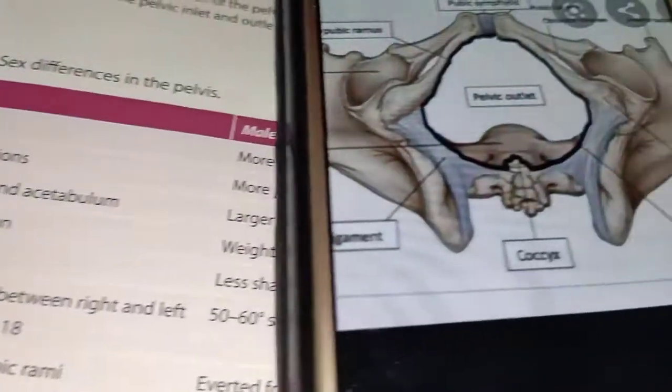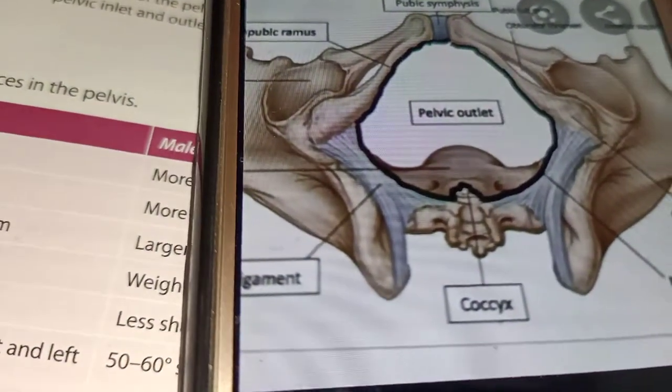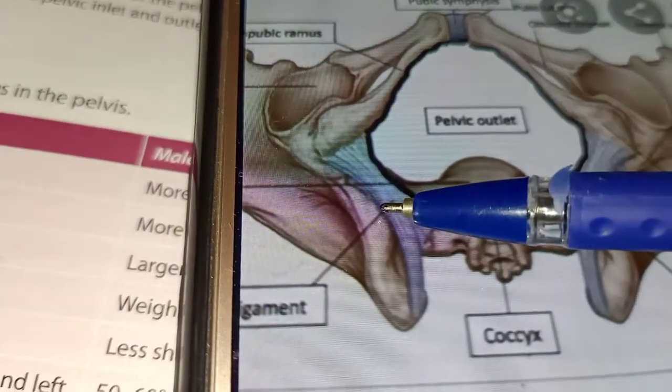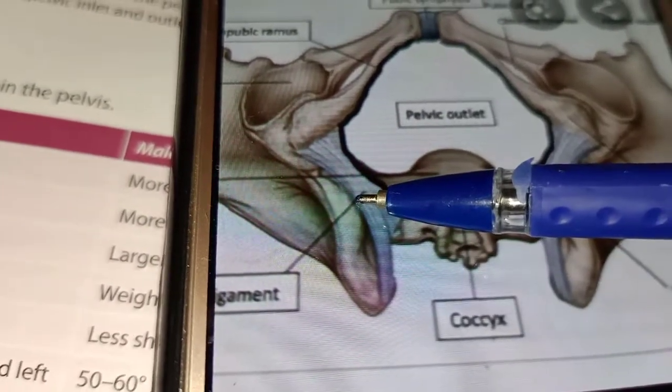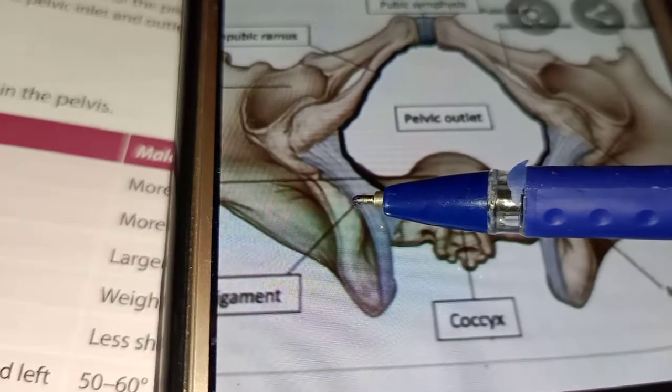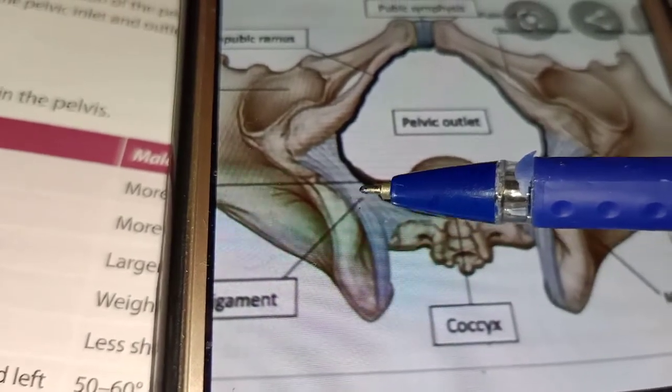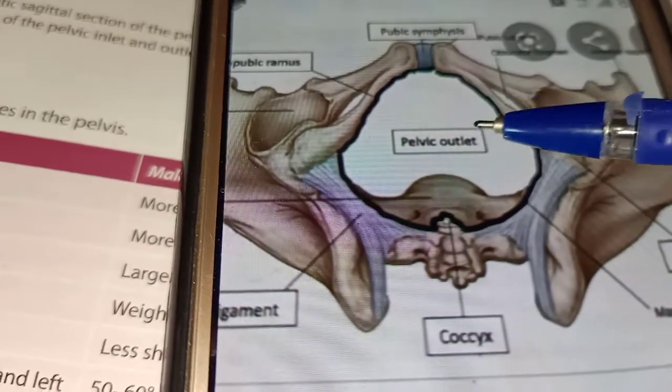So if you see this, it is from the midpoint of the sacrotuberous ligament, of one side, to the junction of the ischial and pubic rami, the junction of the ischiopubic rami.